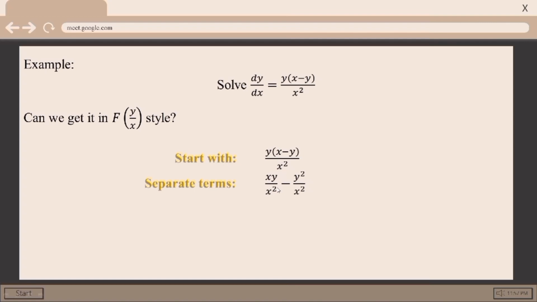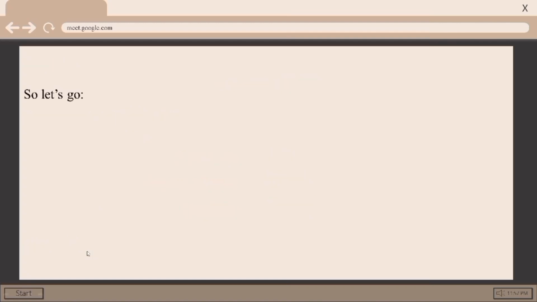Separating this will come up to xy over x squared minus y squared over x squared. Then we simplify this one. This will become y over x minus y over x raised to the power of 2. And yes, we get the f of y over x style. So let's go. Start with our answer earlier.